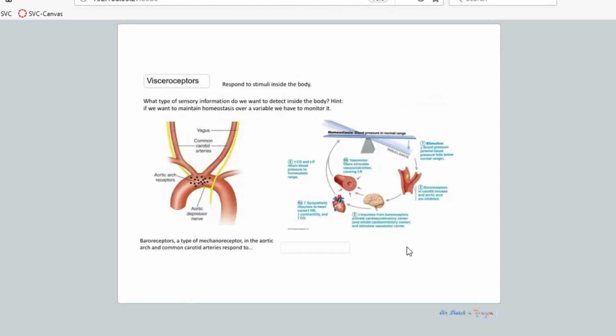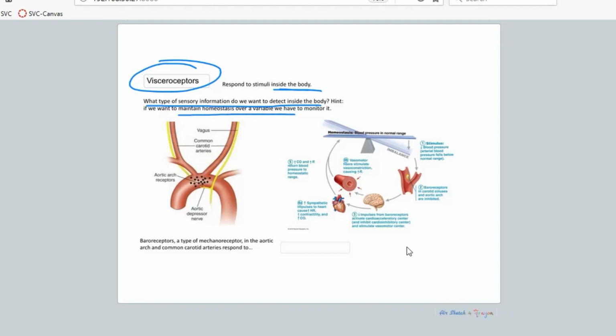All right. And then lastly, I want to look at receptors that are detecting information inside the body. These are receptors responding to stimuli inside the body, and we call these visceroceptors. You don't have to know that term, but it's just to classify here. What type of sensory information do we want to detect inside the body? Basically, any variable that we want to maintain homeostasis over, we need to detect.